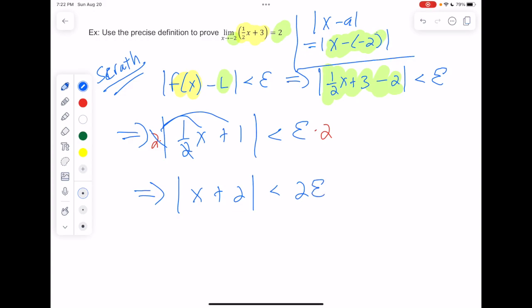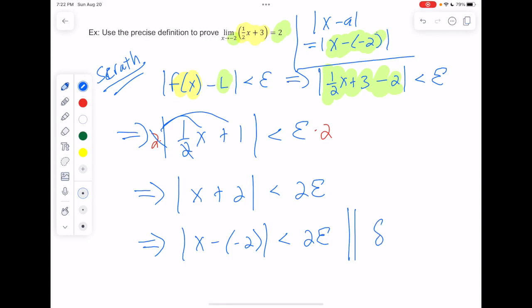And now we don't want x plus 2, we want x minus a minus 2, so we'll just change that plus to a double negative. So the absolute value of x minus a minus 2, and now we've got that x minus a look, and it needs to be less than 2 epsilon. And since we want x minus a to be less than delta, this tells us what our choice for delta should be. It should be this 2 epsilon.